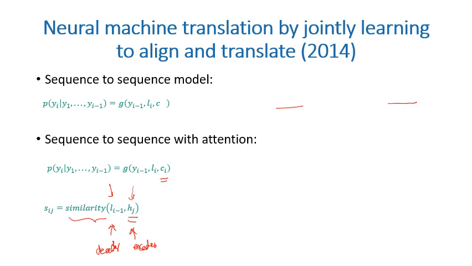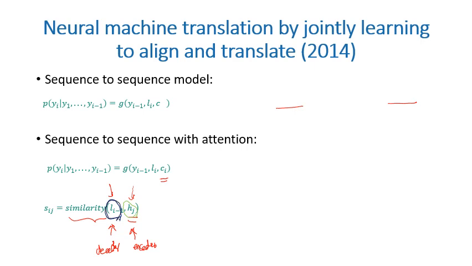Okay, so basically this similarity tells me how important Hj is if I want to predict, sorry, if I want to predict Yi, which depends on Li minus 1.